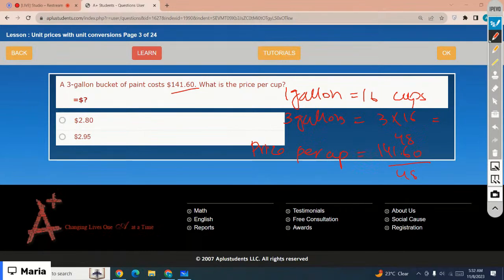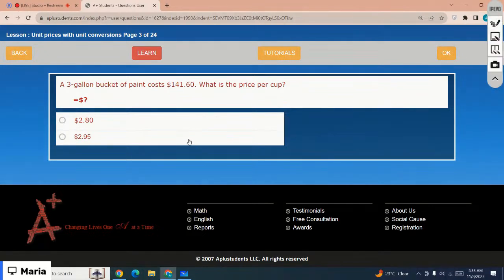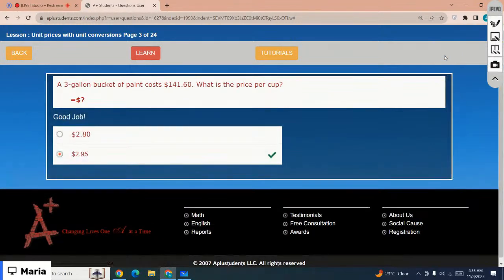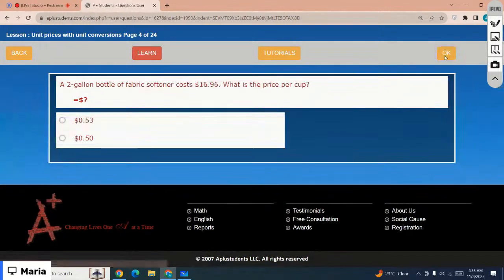The correct option is $2.95, right? Again, that is from gallons to cups.